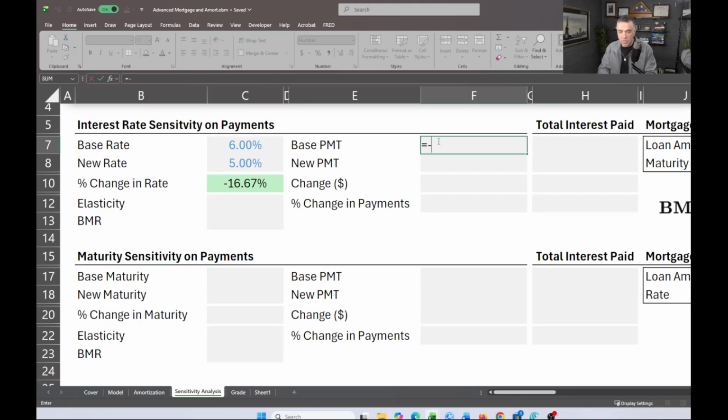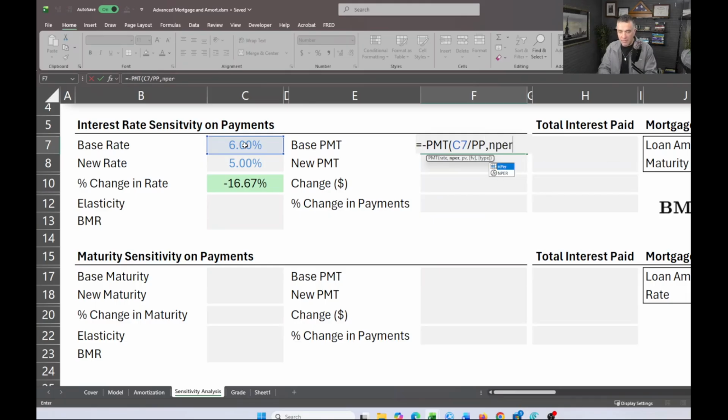So we'll say equals negative, and we'll do PMT. Actually, we don't want the periodic rate. What we want is this interest rate, the base rate, because we're going to compare the two. I want to divide it by the periodic payment.